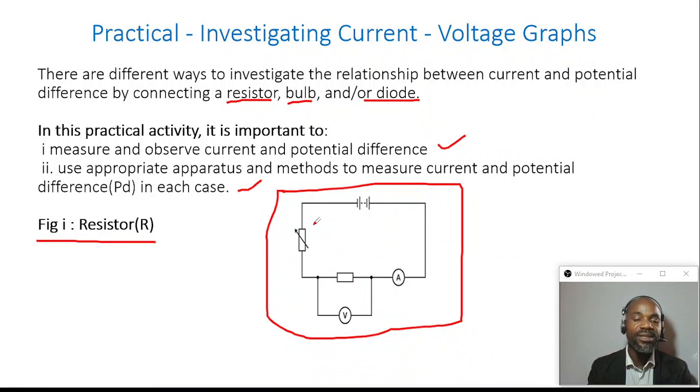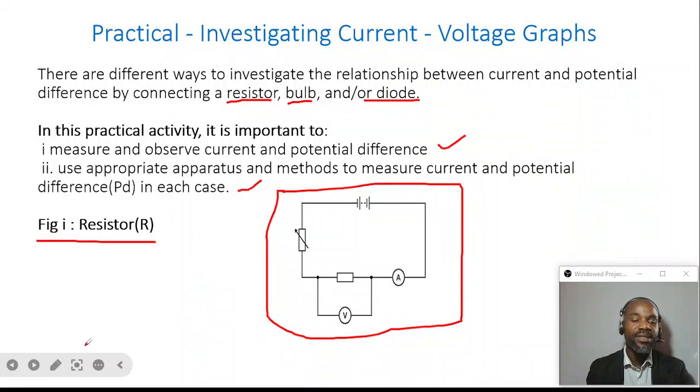Variable resistor is here for certain adjustments of values. We are going to have an ammeter, that is this, and also have a voltmeter connected as shown in the diagram. Then the next thing we need to know is that there must be some sort of power supply, energy supplying current to the circuit. Very interesting. So the next thing is for us to take note of this one at a time and then carry out the practical as instructed.